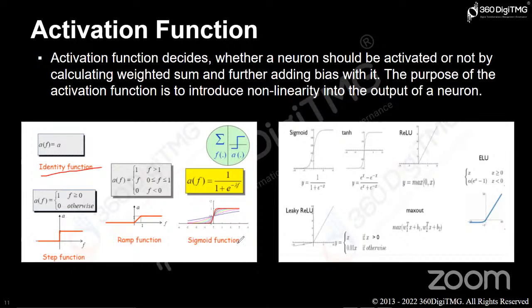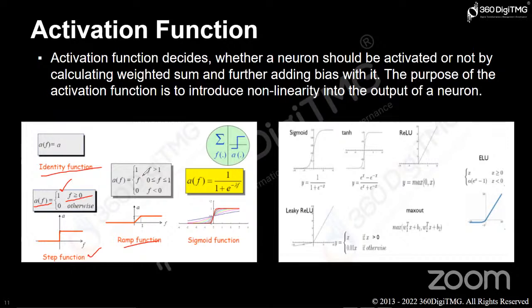Similarly, we have the sigmoid function, the step function, and the ramp function. The step function gives a value of 1 if f is greater than or equal to 0. Otherwise, it gives a value of 0.